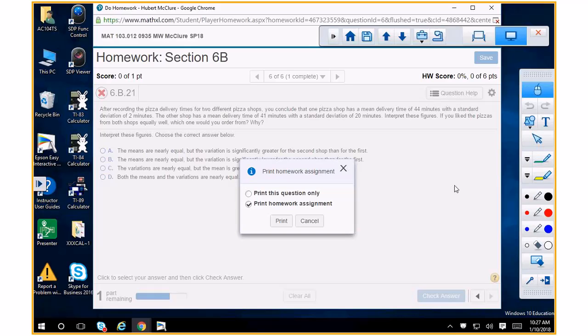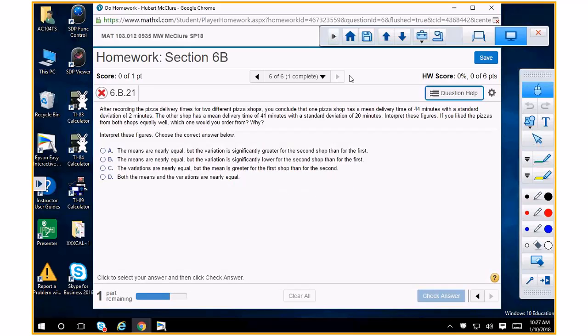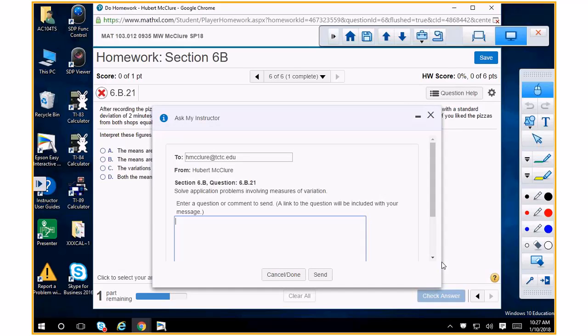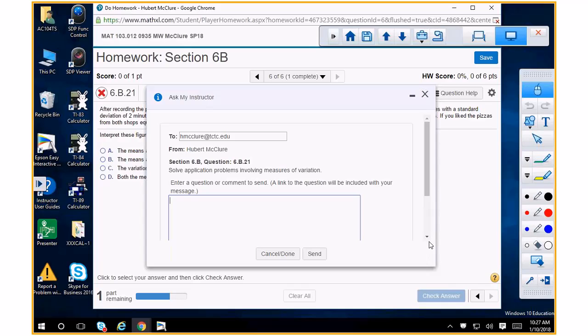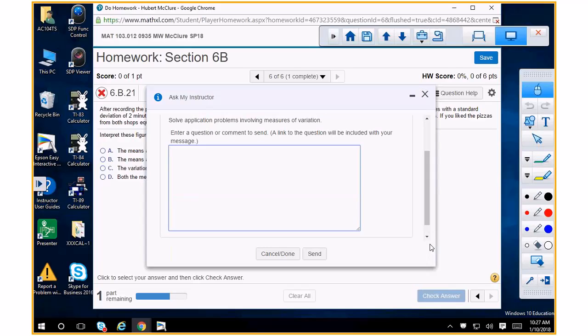Now, the new type way is doing Ask My Instructor. Okay? And you only have to hit 2 buttons. You don't even have to put anything in the writing, but I'm going to show us real time. Okay?